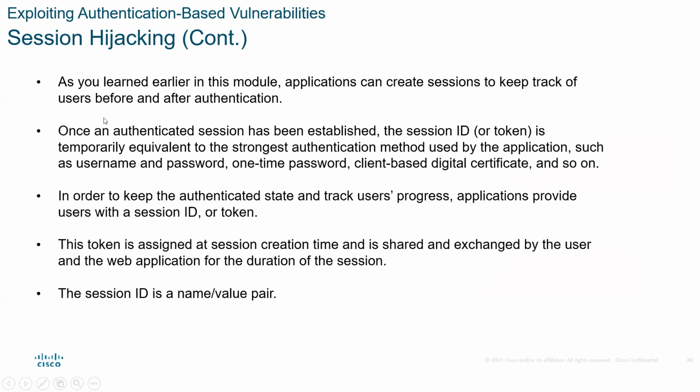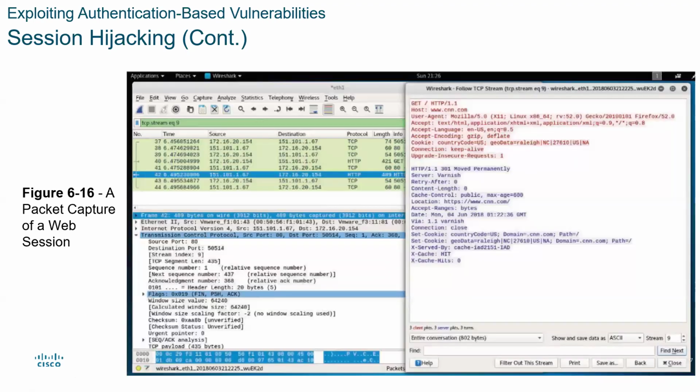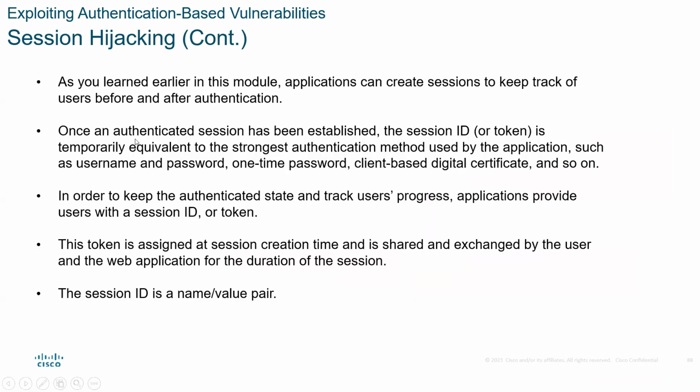Now, as you learned earlier in this module, applications can create sessions to keep track of users before and after authentication. So here, this session is kept. This session is active, right? Now, once an authenticated session has been established, the session ID, or what we refer to as a token, is temporarily equivalent to what is used as its strongest authentication method by that application.